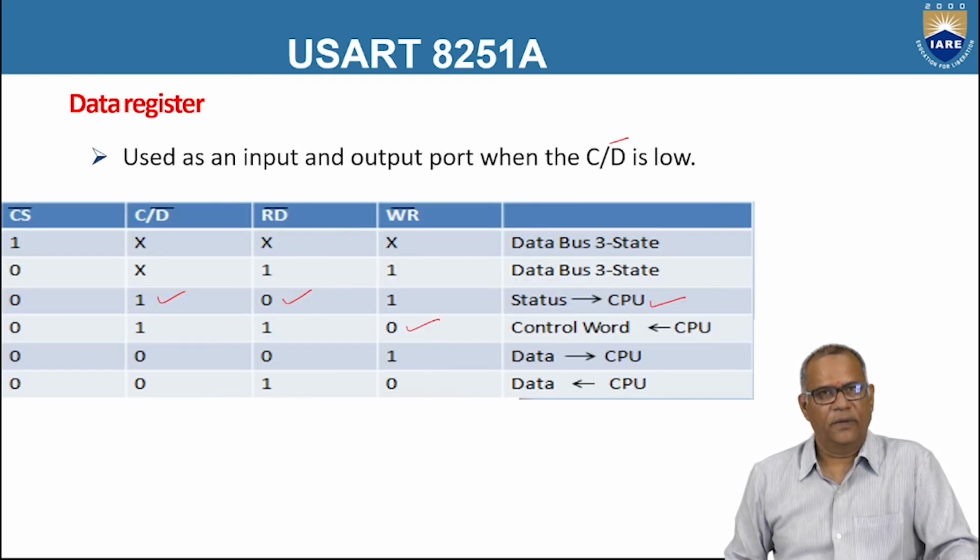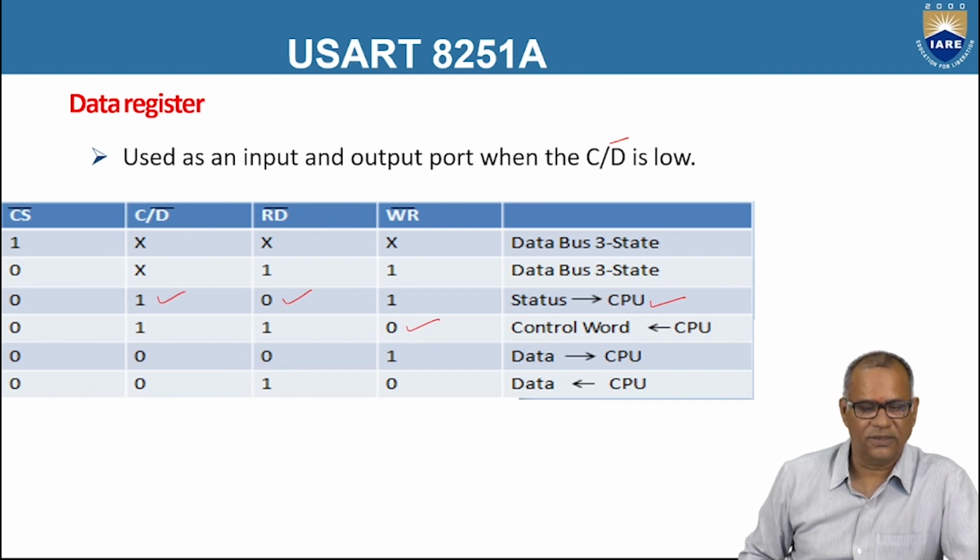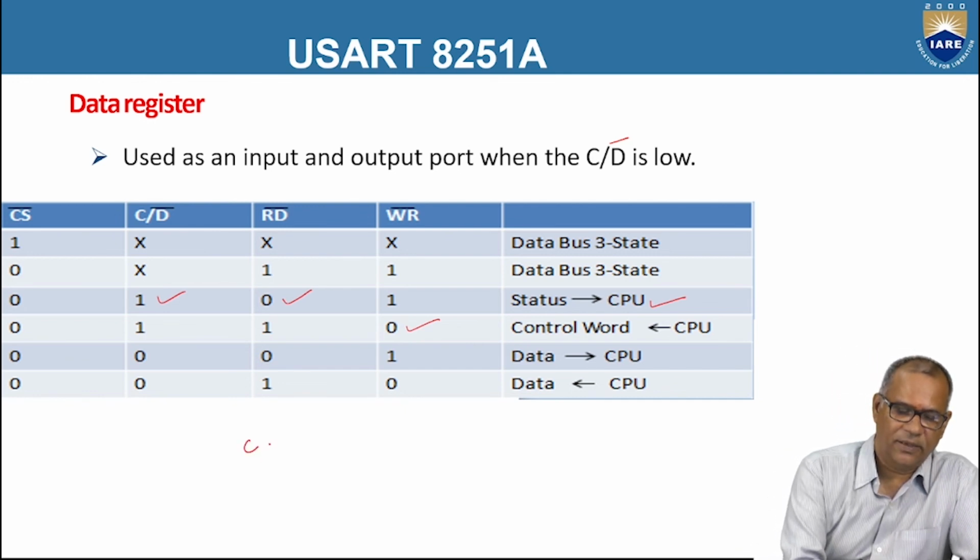Initially the 8251A is configured using the command and mode words, and when the actual transmission or reception process starts, then the C/D bar signal is made 0.